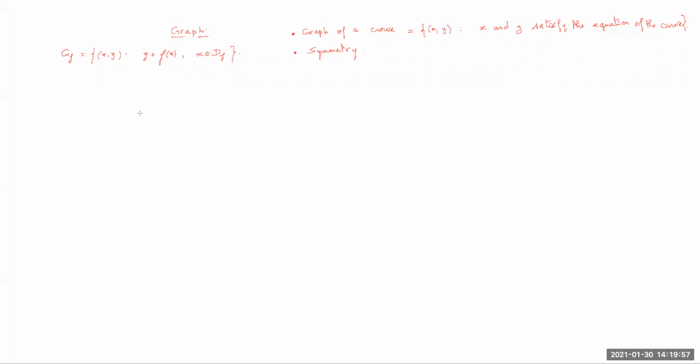So here, for example, if I consider the function y equal x², the parabola, the global shape is this one. So this is my function y equal x².